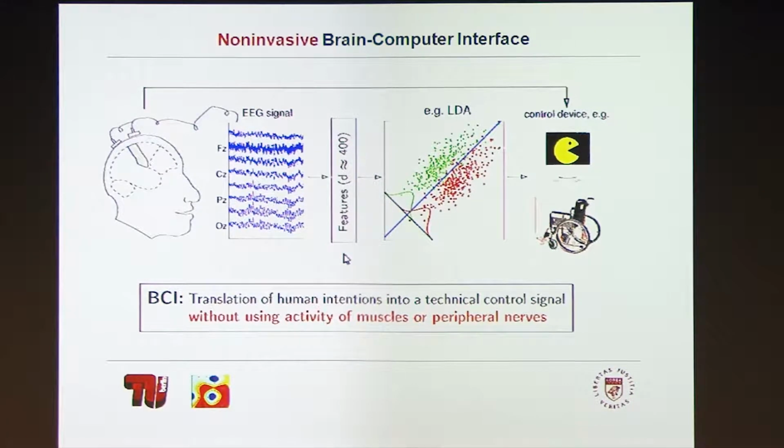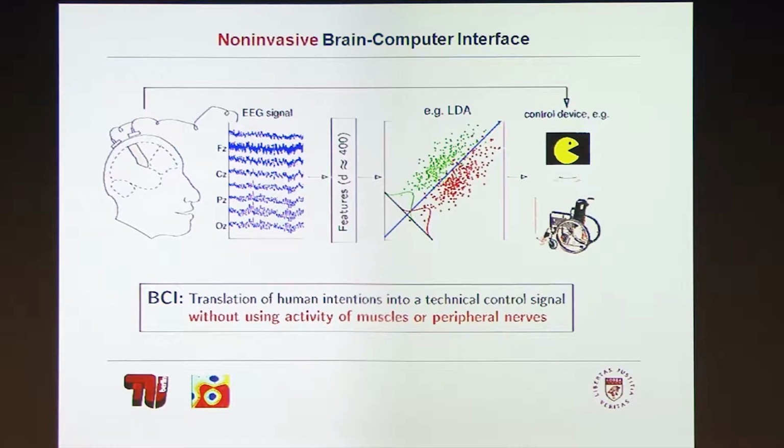Then, because I'm a machine learning professor, I guess we have to do some feature extraction and some classification, and with this we get a signal out, and with this signal we may control a wheelchair, a computer game, we may communicate, we do all sorts of things. So once we have a bit out of the brain, metaphorically speaking, then we're in the business of brain-computer interfacing.